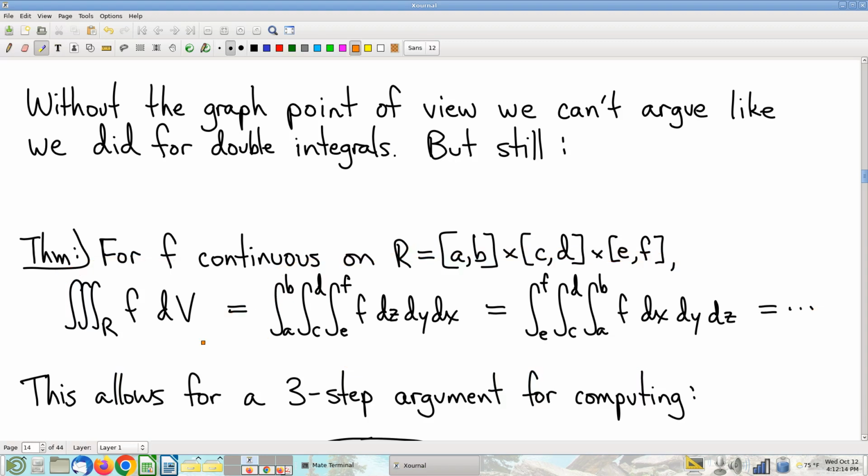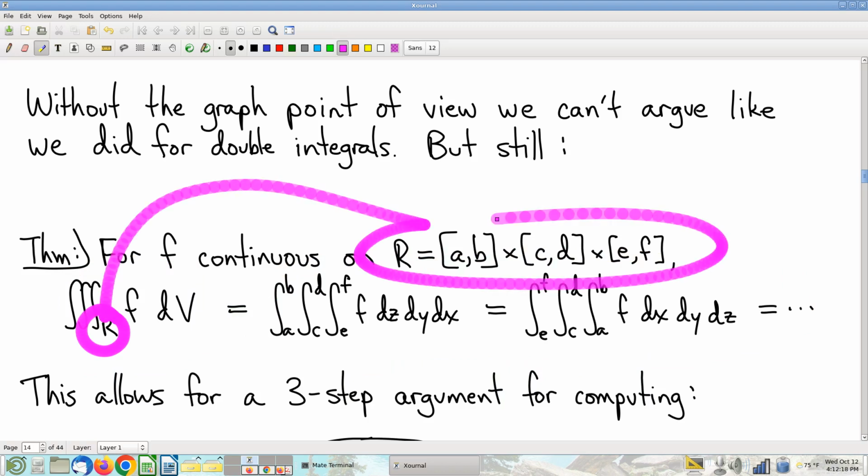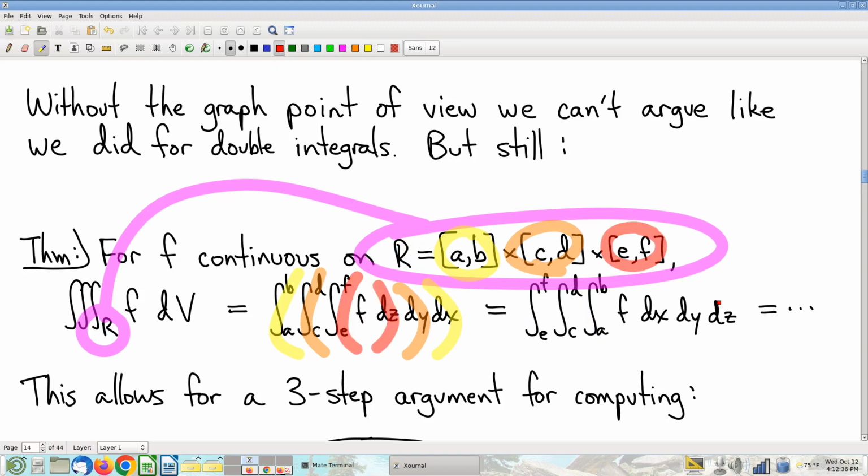Okay. Notice, by the way, that your domain, the range of values of x are your x bounds. The range of values of y is your y bounds, and your range of values of z are your z bounds. And it doesn't even matter. Maybe you do your z bounds first. Fine, no problem.